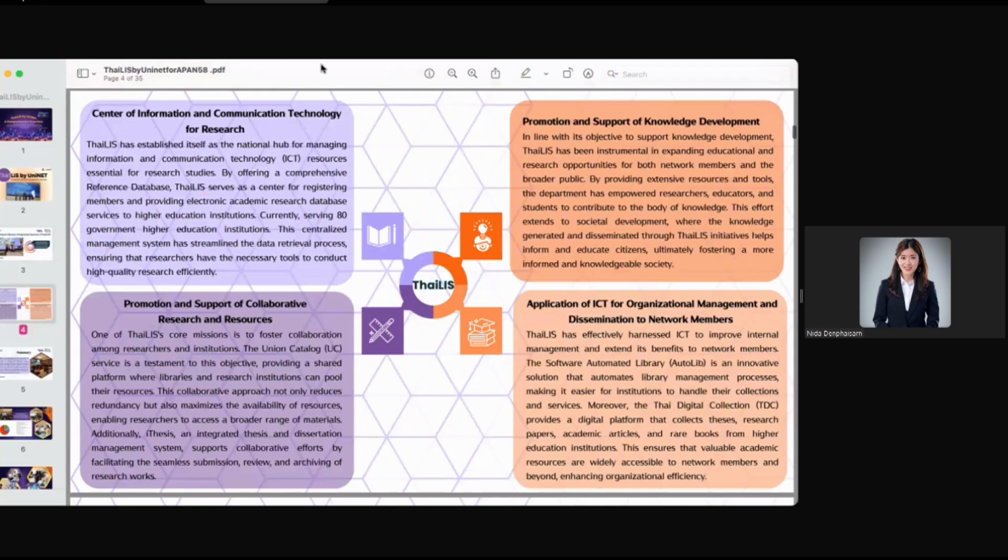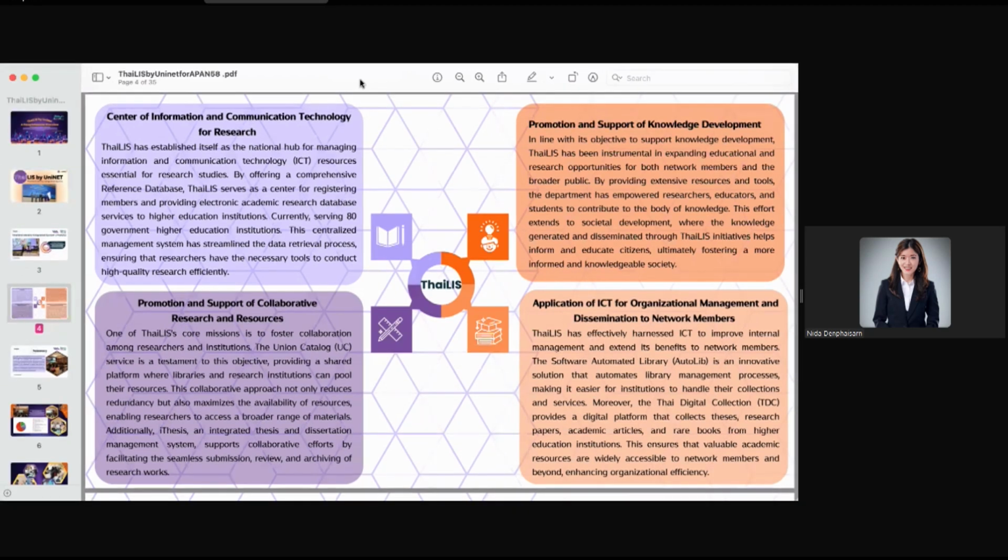Okay, so we started ThaiLIS in 1990, and we focus on these 4 parts. The first one is to be a Center of Information and Communication Technologies for Research. Next, to promote and support collaborative research and resources. Next, to promote and support knowledge development. And the next one is to be an application of IT for organization management and dissemination to network members.